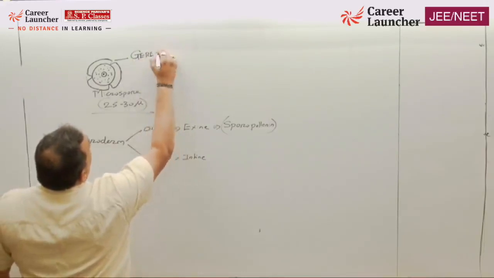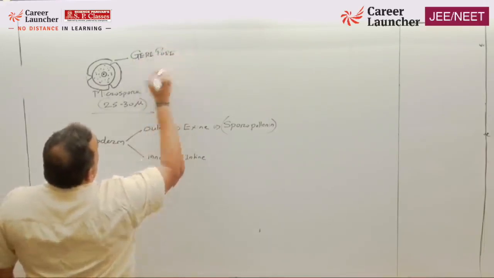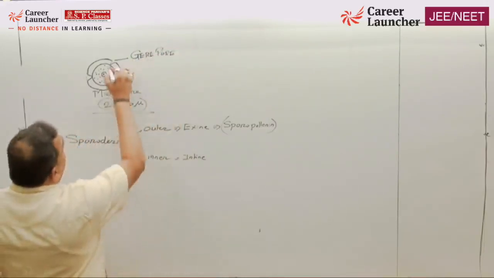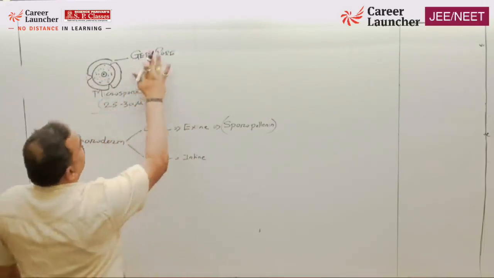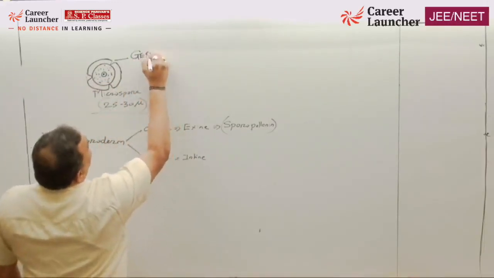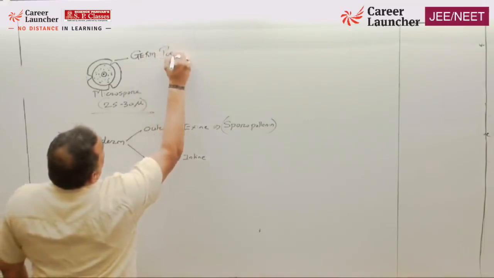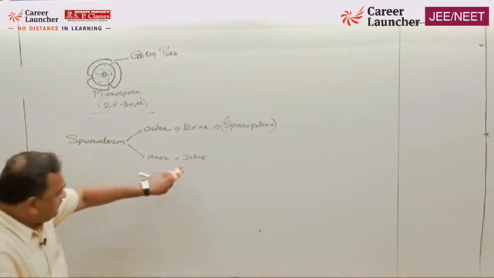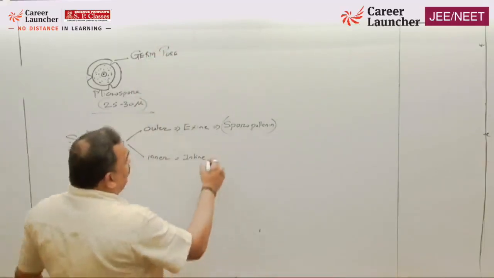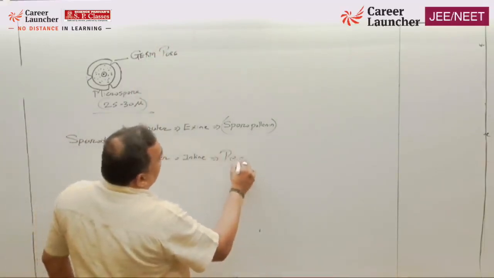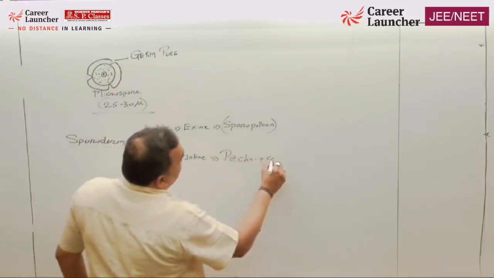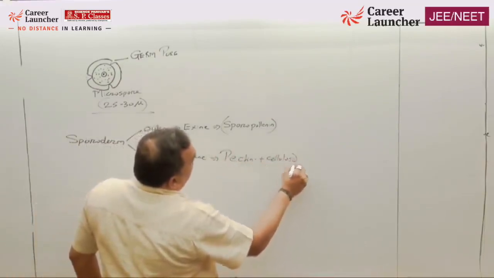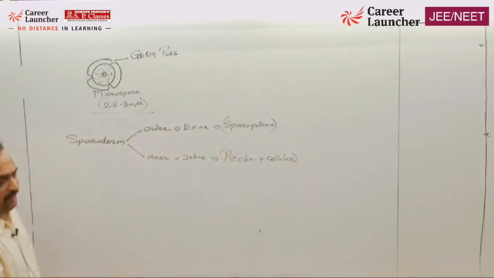What is called the germ pore? Okay, the inner lining is called intine. It is made up of pectin and cellulose. Pectin and cellulose. Right? So what have I told so far?